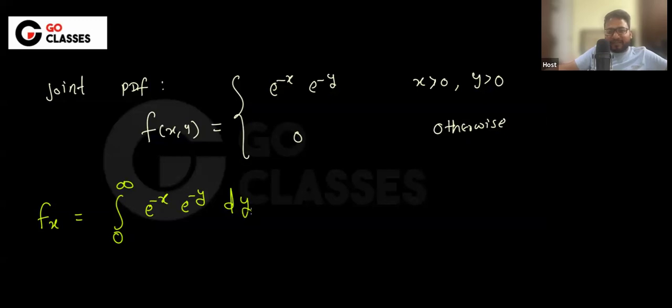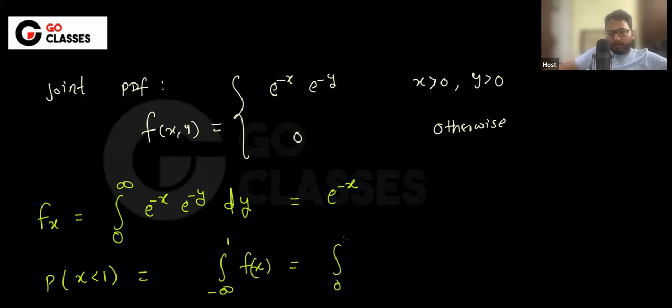Okay, great, it is dy. If you do this, it comes out to be e power minus x. Once you do this, you can find the probability of x less than 1 like this, from minus infinity to 1, or since the least value is 0, 0 to 1.